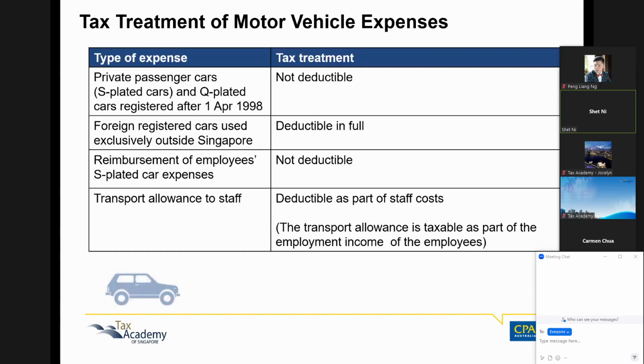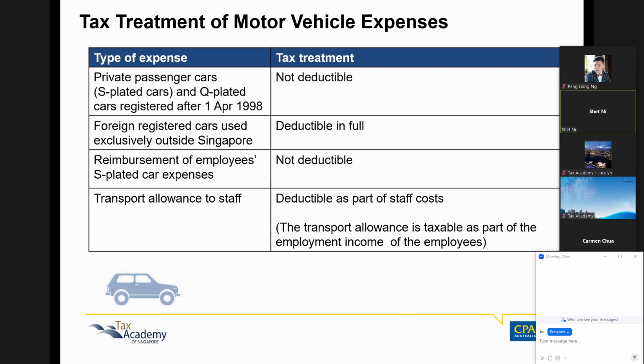Okay, so this is a table where we show the common type of expenses, motor vehicle expenses and their tax treatment. So for the private passenger cars, sometimes I would just say private cars in short. They are not deductible. If it is a foreign registered car used exclusive outside Singapore, deductible.